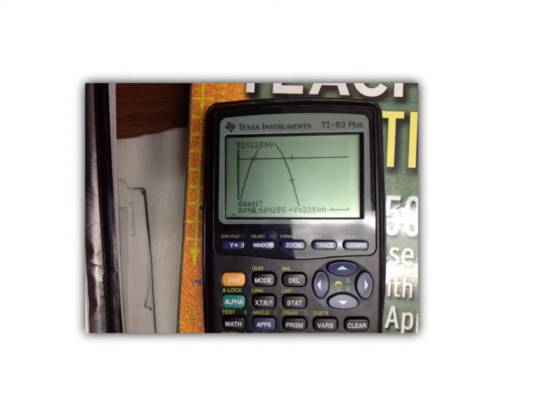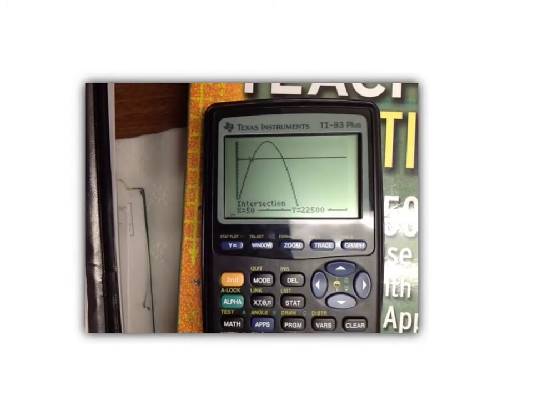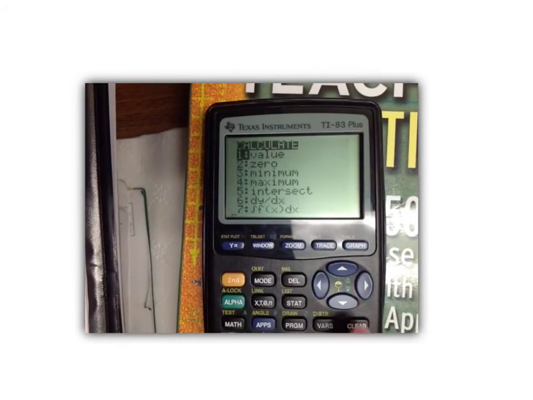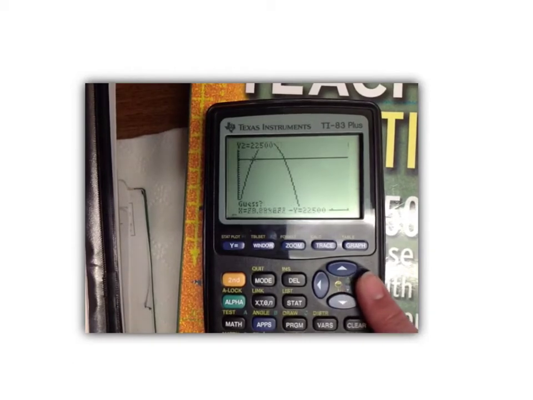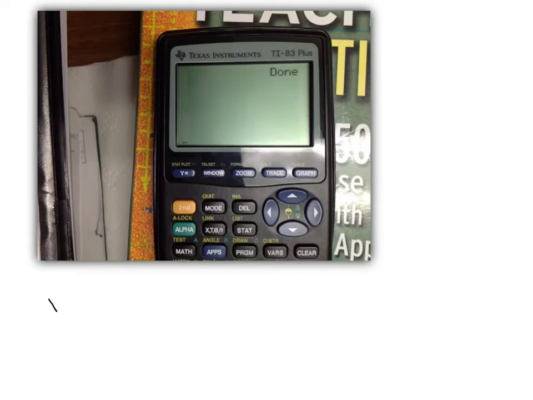And I want this intersection point. And I have x equals 50. If I do it again, I have x equals 150. So I know that x can equal 50, or x can equal 150.